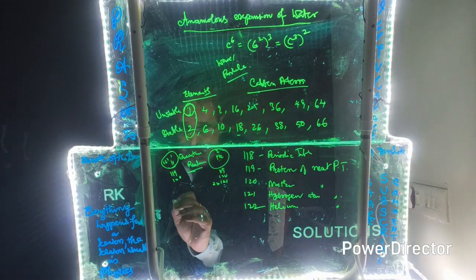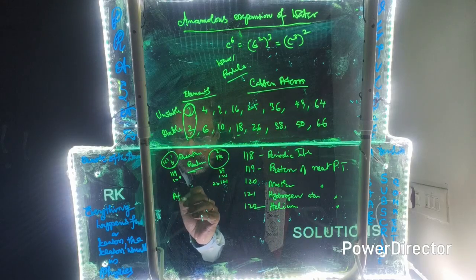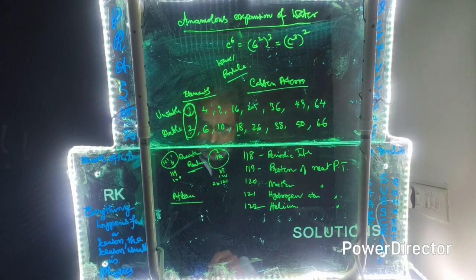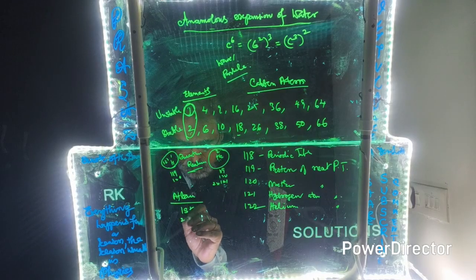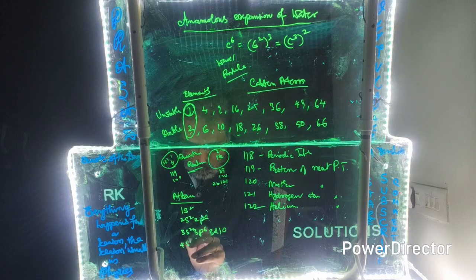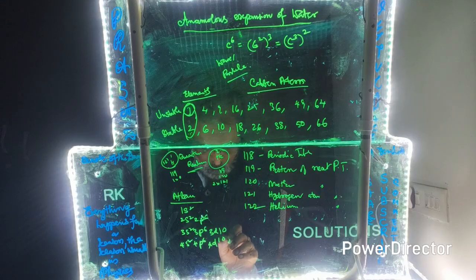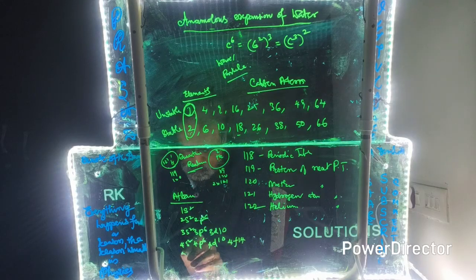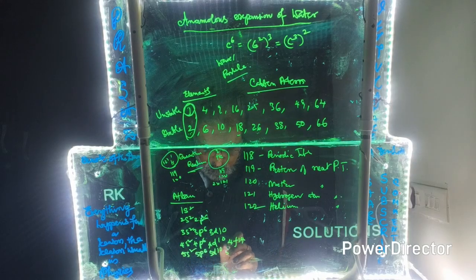But if you take the Aufbau principle, which I expressed last time, 1s2, 2s2, 2p6, 3s2, 3p6, 3d10, 4s2, 4p6, 4d10, 4f14, 5s2, 5p6, 5d10, let me stop here, 6s2, 6p6, 7s2, 7p6.